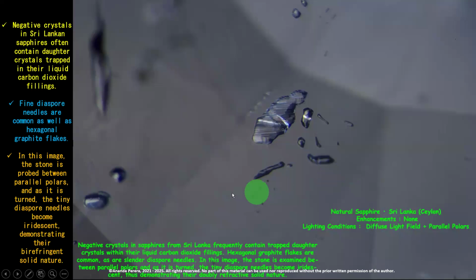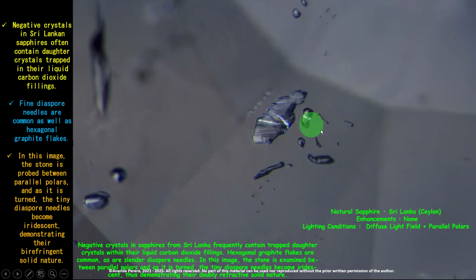When we go there, look at the inclusions here. Diffuse light field plus parallel polars are the lighting conditions here. In these negative crystals in the Sri Lankan sapphire, we can see inside these negative crystals there are daughter crystals.